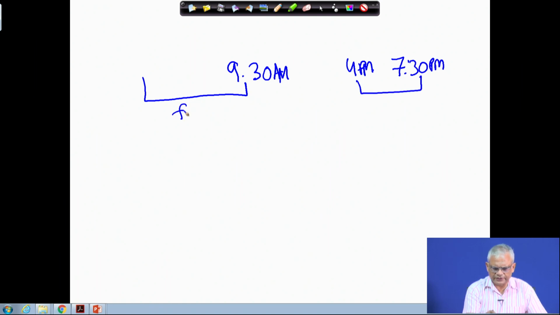So, this is full fare. Here it does not specify what before 9:30 a.m. means, is it from 12 a.m., that is midnight, to 9:30 a.m.? It is not specified. And from 4 p.m. to 7:30 p.m. you pay full fare.